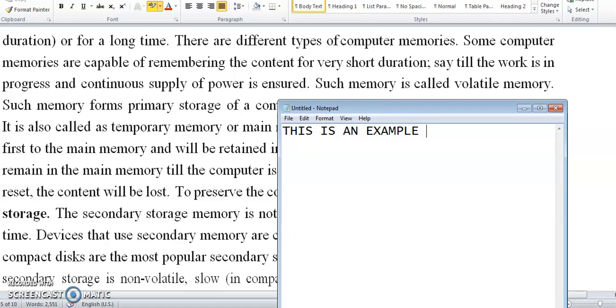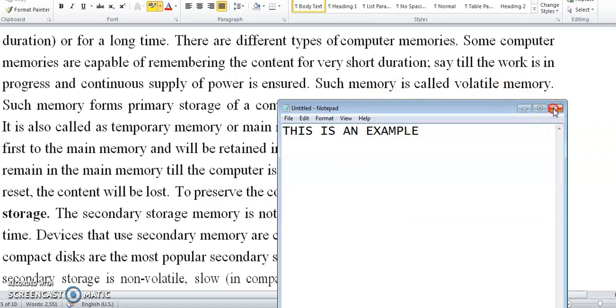All the computer will be shut down automatically due to power loss. When power comes and I start this computer, am I able to see this file? No, because I did not save this file. That's why this content is lost.